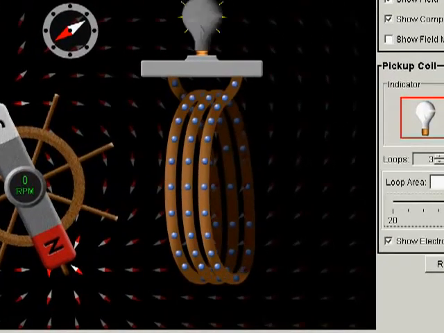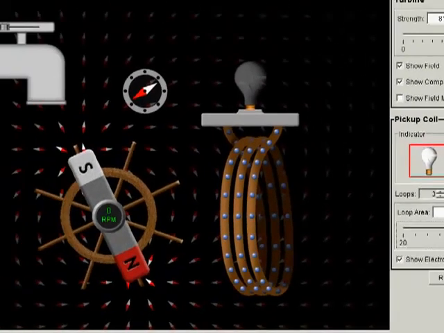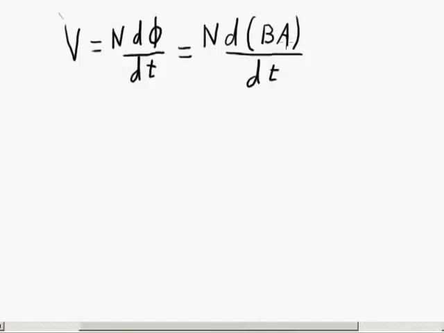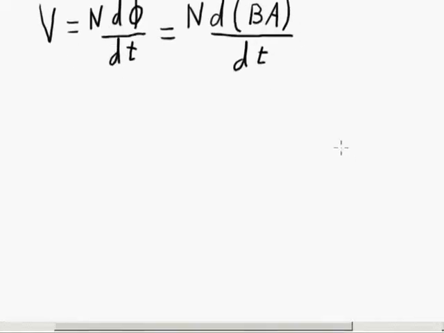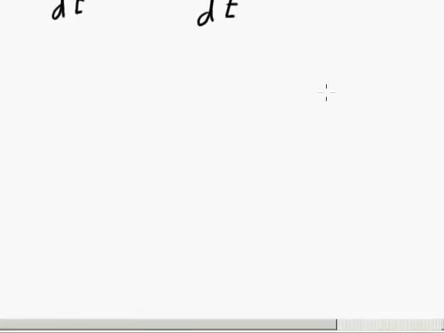Let's slide it back and forth, and now you can see I'm changing the area, so going back to the equation, dA/dt, the area is changing with respect to time. That's going to induce a voltage, which in this example is going to create a current. And that is Faraday's law.